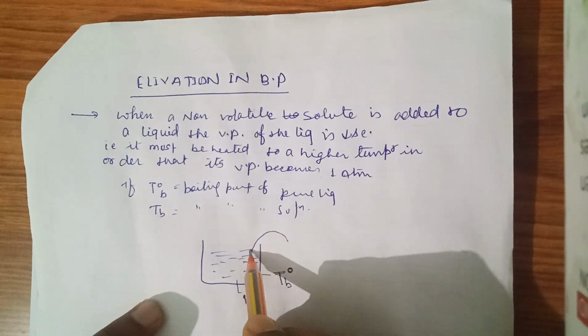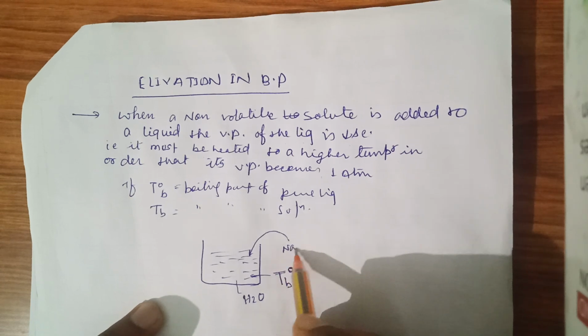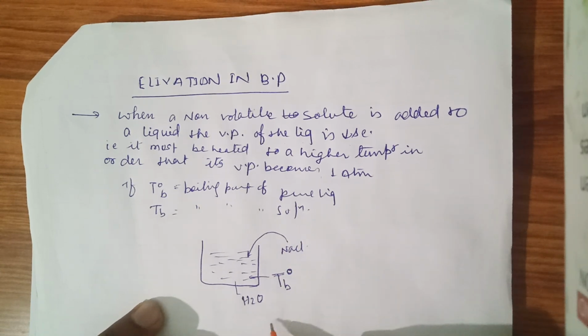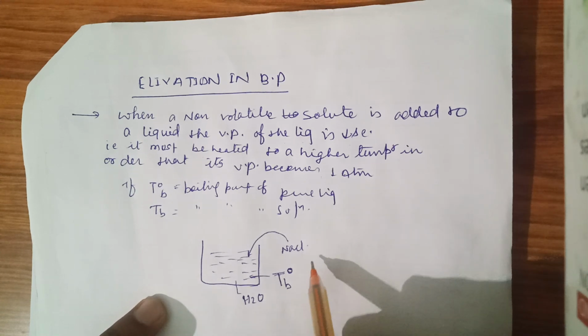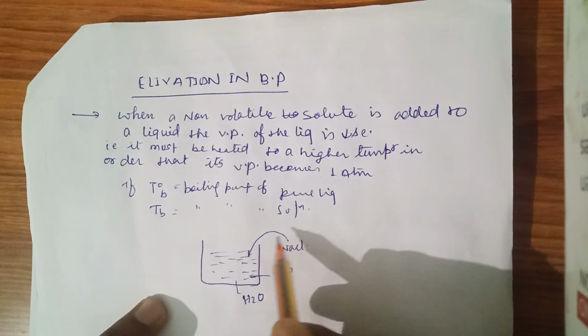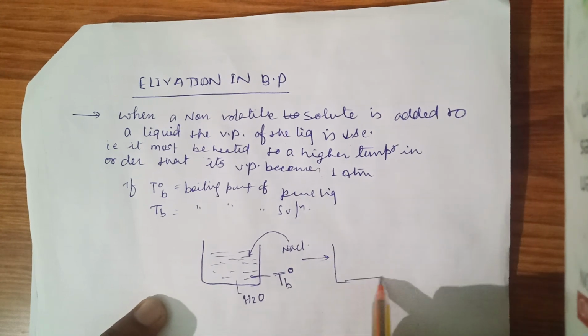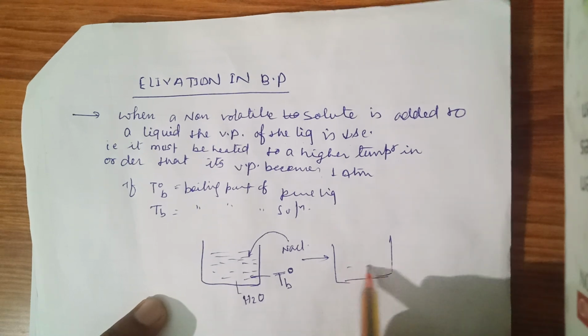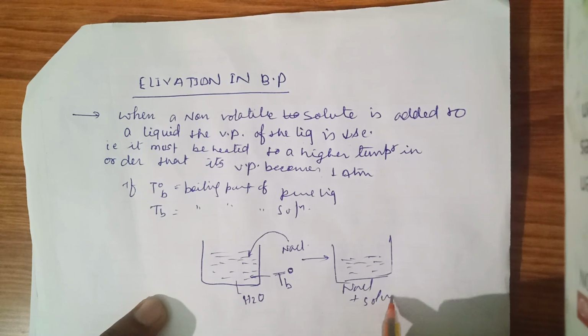Upon adding some non-volatile solute, suppose I have added NaCl, in that case, as I also told you in my previous video, after adding the non-volatile solute we will have the solution which contains NaCl as well as solvent.